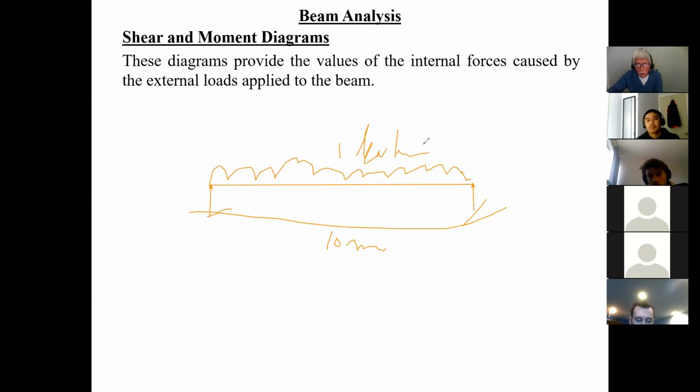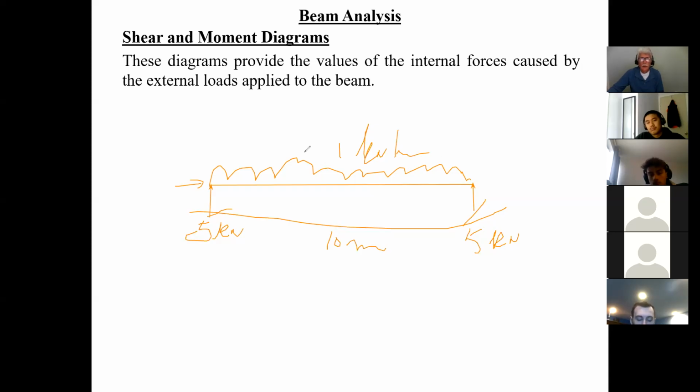Now, of course, first thing I do is I calculate the reactions. If I calculate my reactions, I end up with 5 kilonewtons here and 5 kilonewtons there. Those are my reactions. Does everybody agree with me?